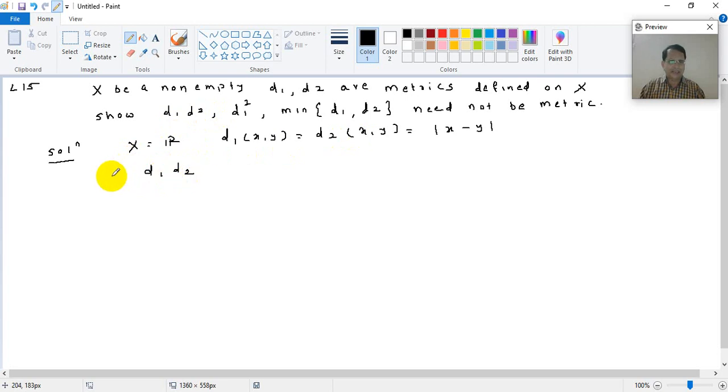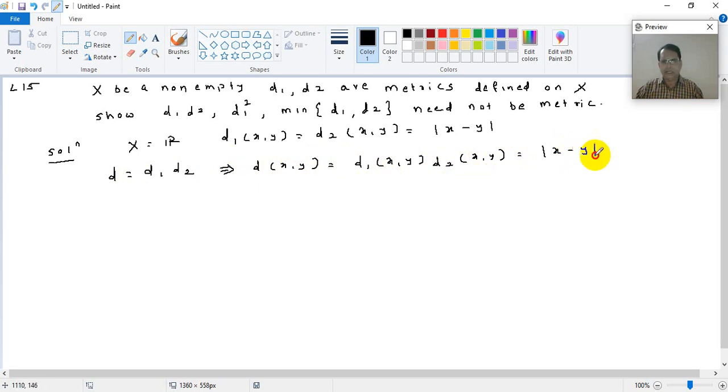suppose I take d as d1 d2, then what will be the definition of d? It will be d(x, y) is equal to d1(x, y) into d2(x, y). But that means it is mod of x minus y into mod of x minus y.